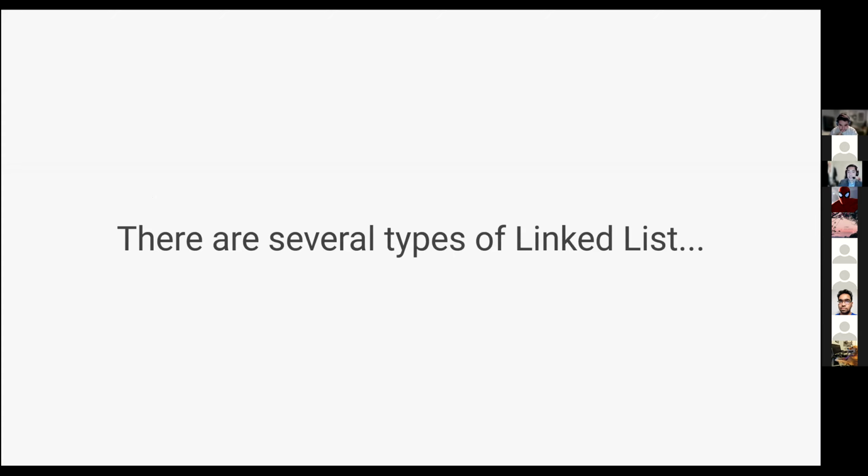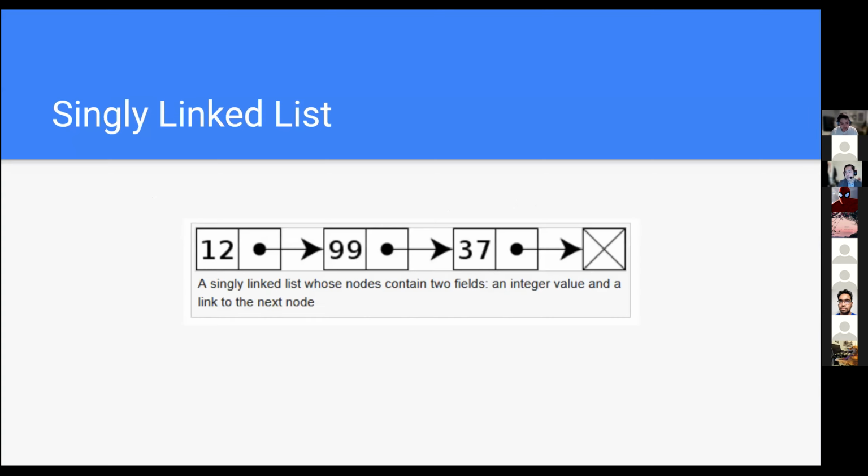Next, we have several types of linked lists, of which the most common is the singly linked list. You will see a lot of problems with these. As you can see from this figure right here, each node has a reference to the next node, until it hits the end, which is null.